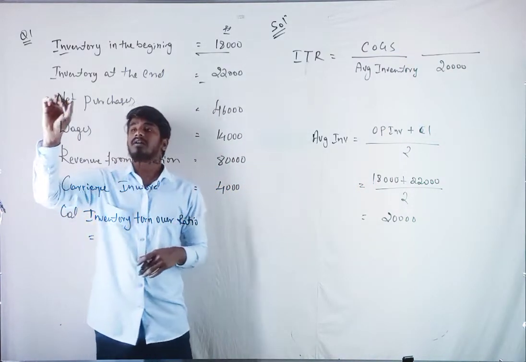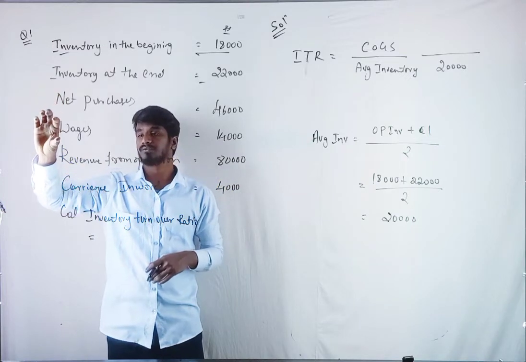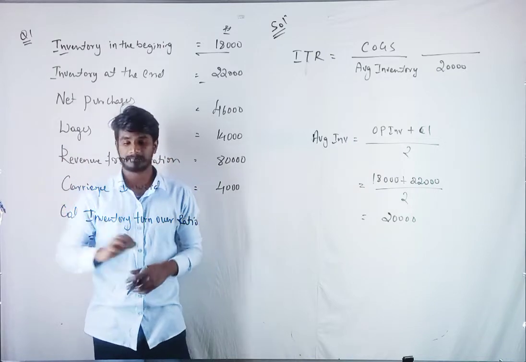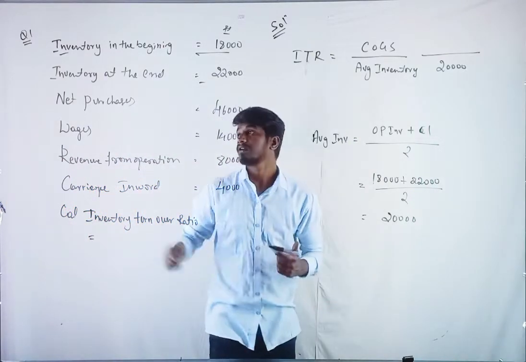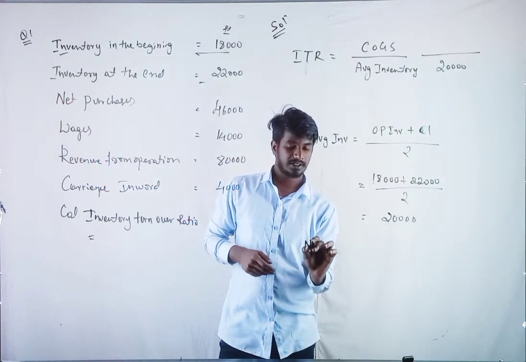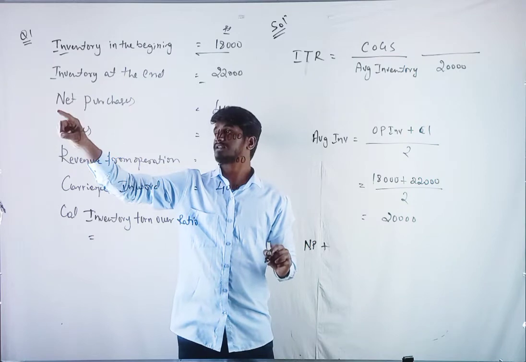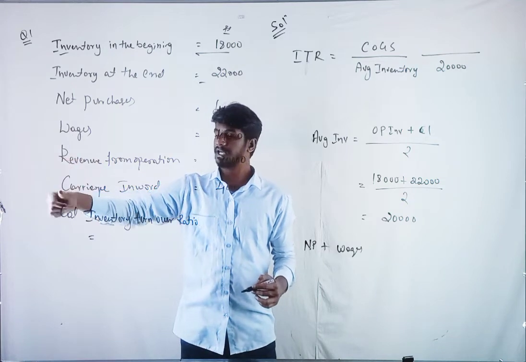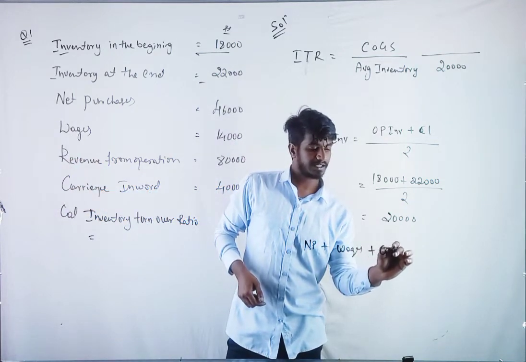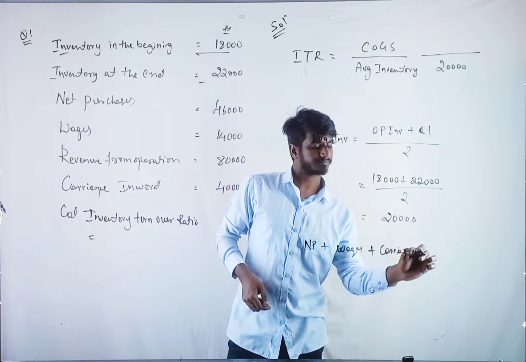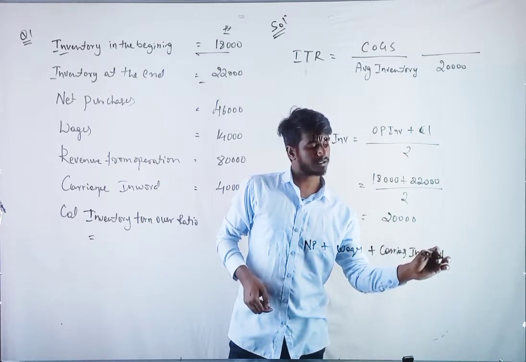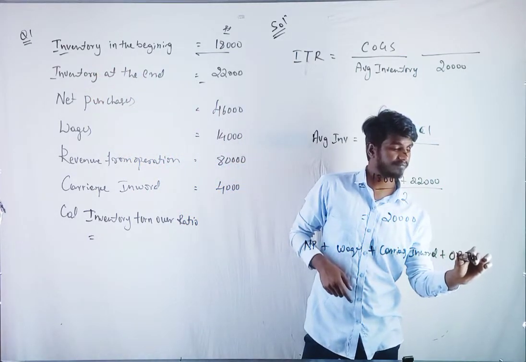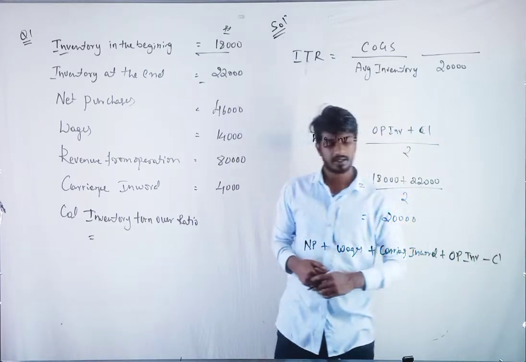Net purchases plus wages plus carriage inward, and two more things: plus opening inventory, minus closing inventory.